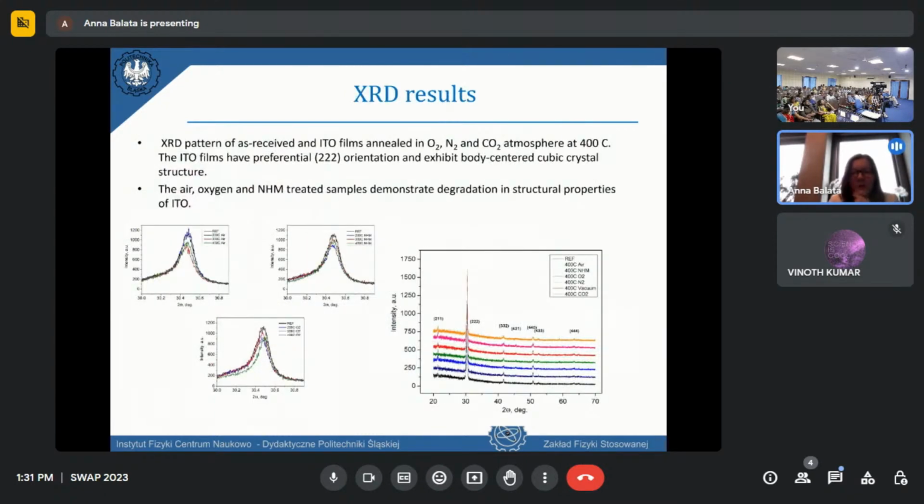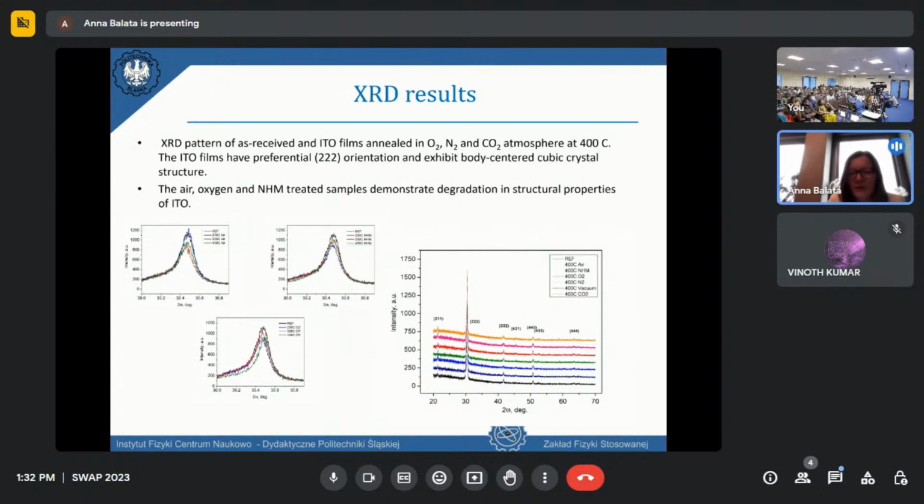We did also XRD studies. We see here in this graph typical reflections observed from indium tin oxide. And if we look into these small graphs, we can study how temperature influenced the structure.